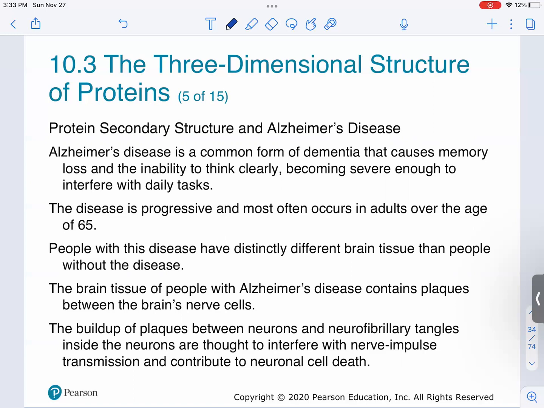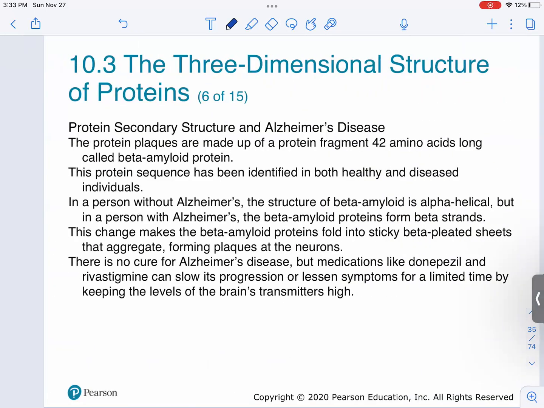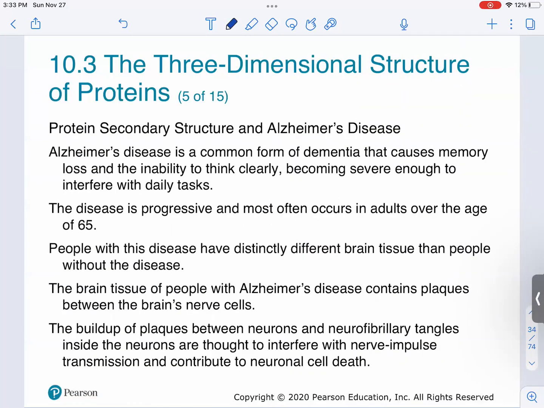So what happens is, I think we talk about it on our next slide a little bit, where they're going to have a problem with their secondary structures. Where they should have alpha helixes, they're going to have beta pleated sheets.